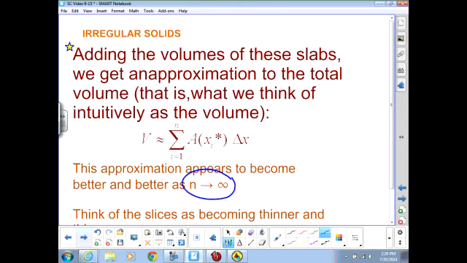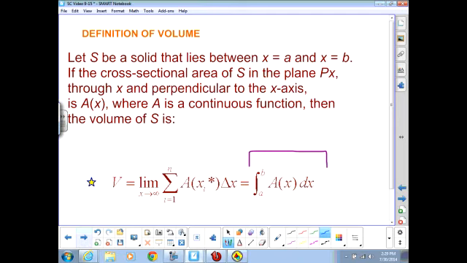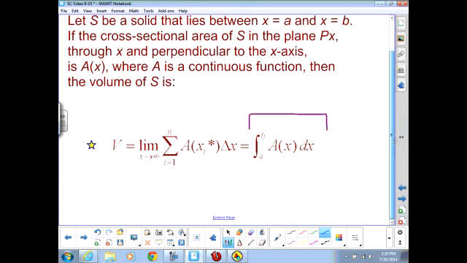As the number of slices gets huge, it'll become thinner and thinner. And we know that we'll end up getting a Riemann sum, as we've seen in previous units, that will then give us an integral. So this is the main idea of what we're going to get. To find our volume, we'll do the start of our interval to the end of our interval.